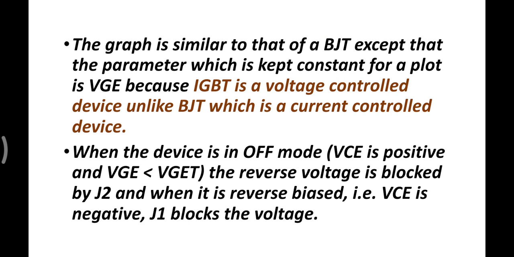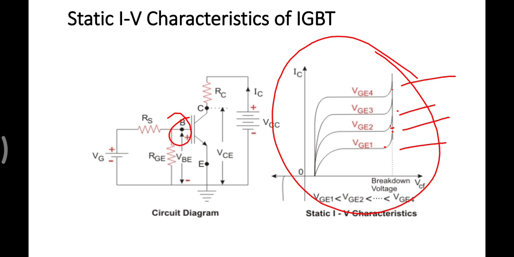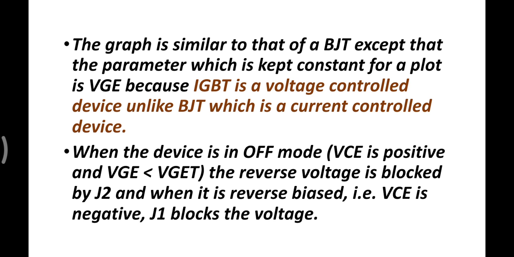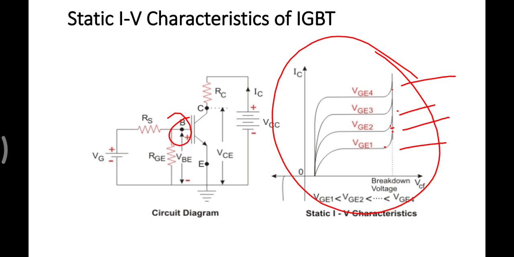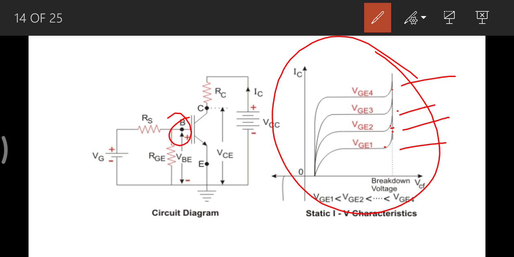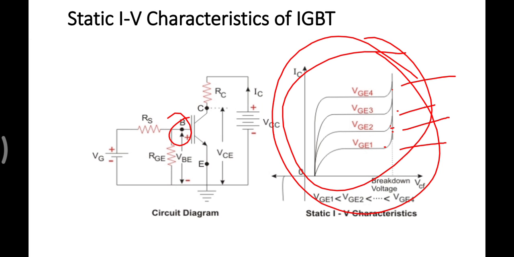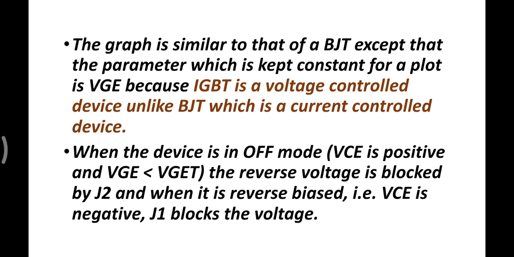Next, some of the things you have to remember: this IGBT characteristics is similar to the BJT graph. This graph is the same for the BJT also, and similarly it is like a MOSFET also.